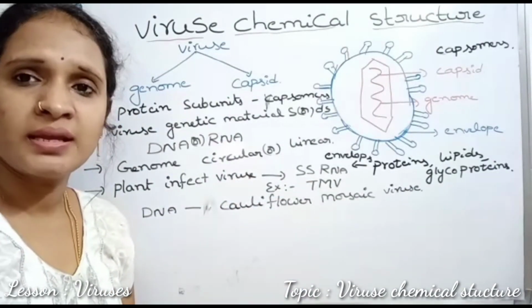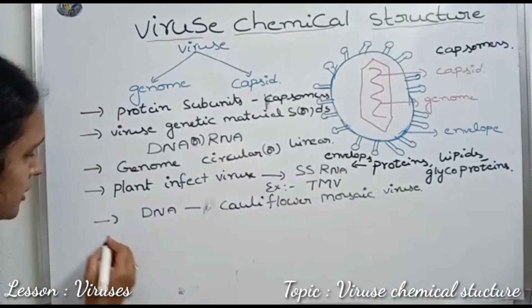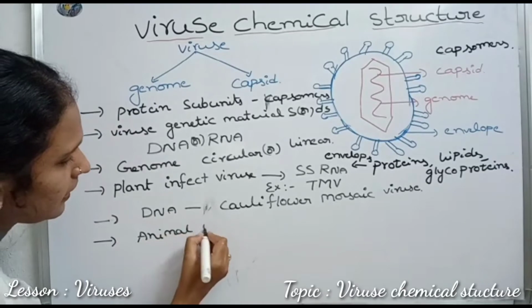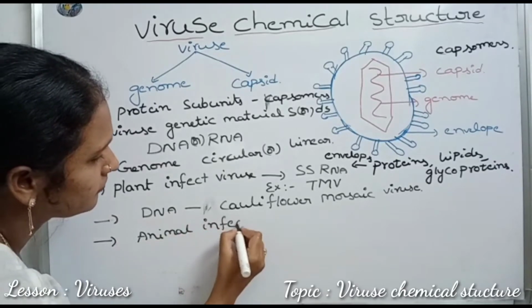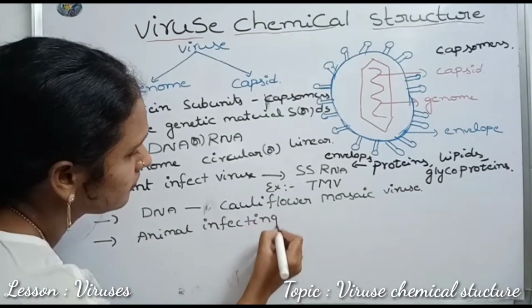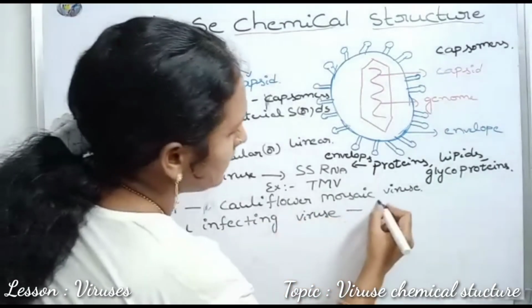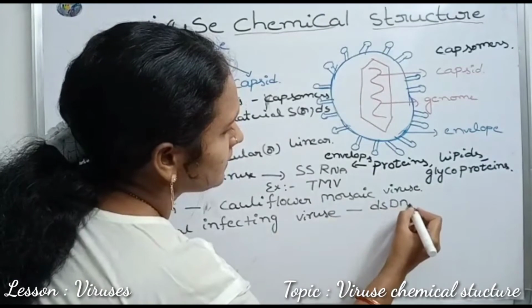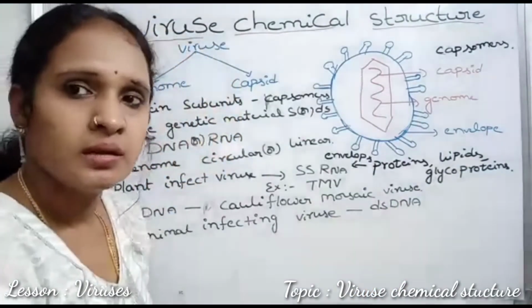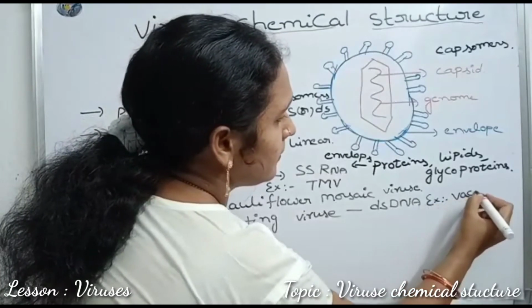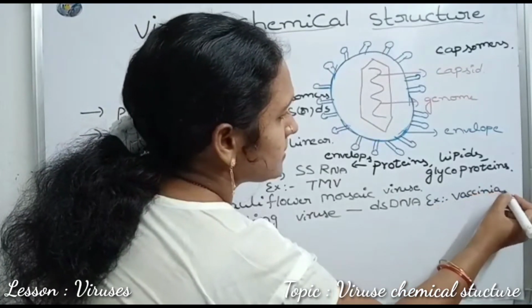The genome of animal infecting viruses is generally double stranded DNA. For example, vaccinia virus.